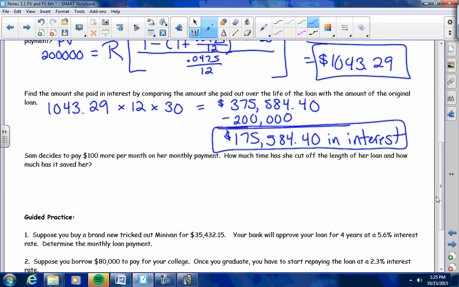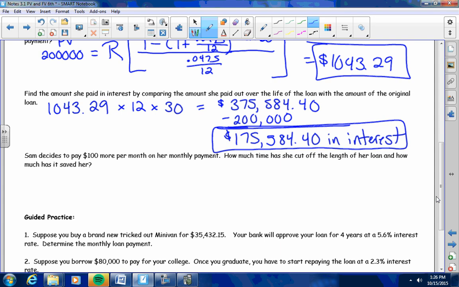Instead, what you can do is, even though the monthly payment is $1,043.29, each month you can pay extra. The extra you pay goes directly towards the principal amount of the original loan. So that's what a lot of people will do so that they can pay off their house quicker, okay, and avoid paying as much in interest.